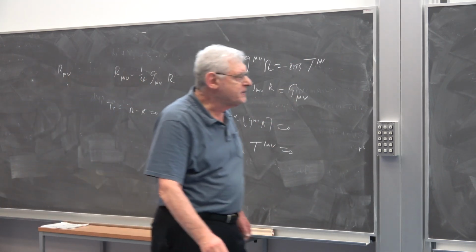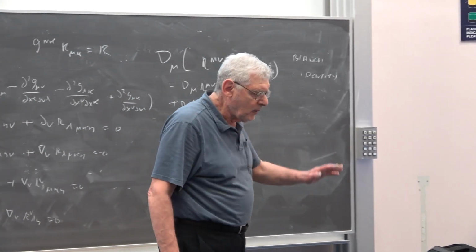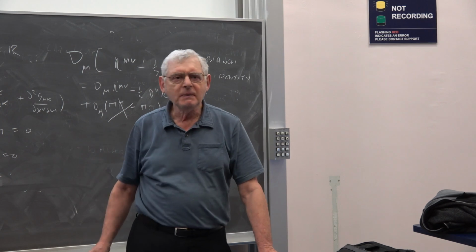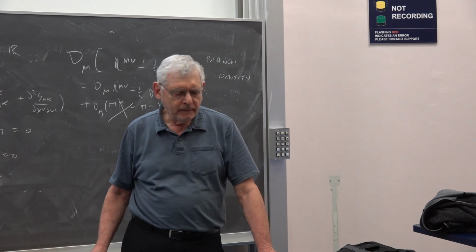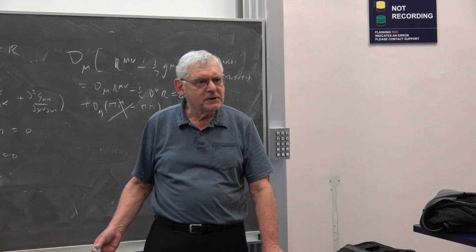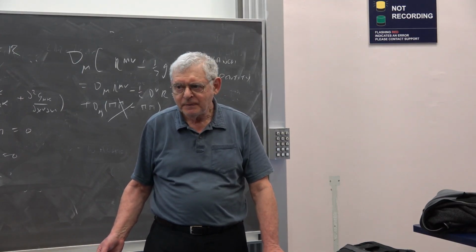So to get the Einstein equations, the key thing that we had to do was recognize that while the Riemann tensor is the measure of curved space, the Riemann tensor has too many indices. It has 4 indices.